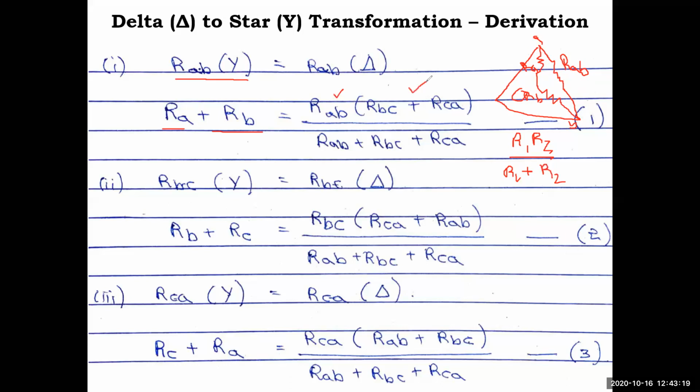So straight away we have written RBC plus RCA divided by the total resistance RAB plus RBC plus RCA. So hope you are understanding the assumption and how we are writing the first set of equation. The two resistances become series because there is no branch here. Similarly, RBC of Y. We'll try to show it again for the second one.